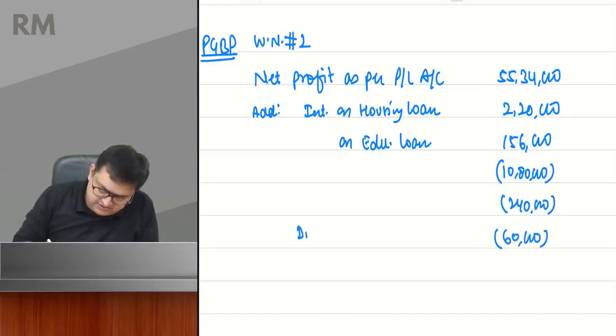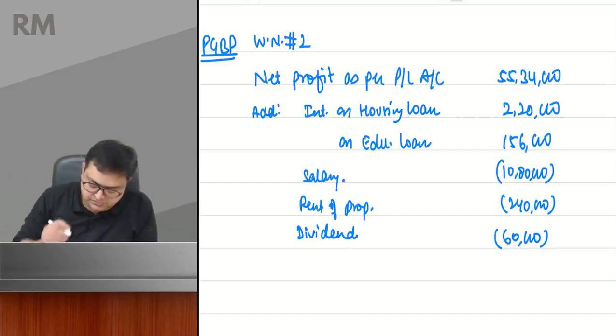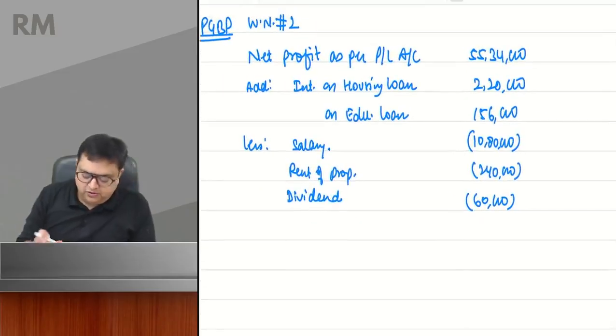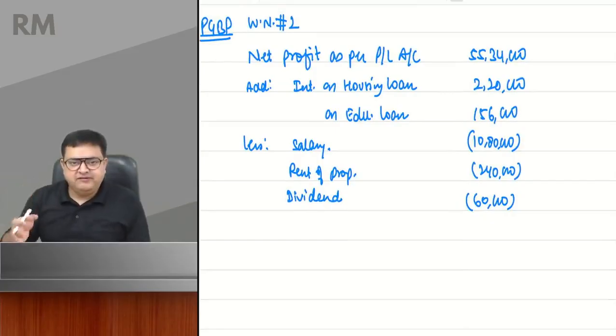This is dividend. 240 is rent of property. 1080 is salary. So I'll subtract it. All good. Step number 3 we have done.